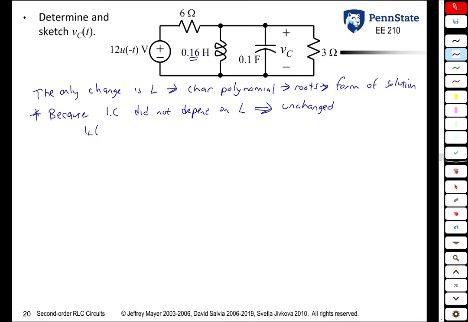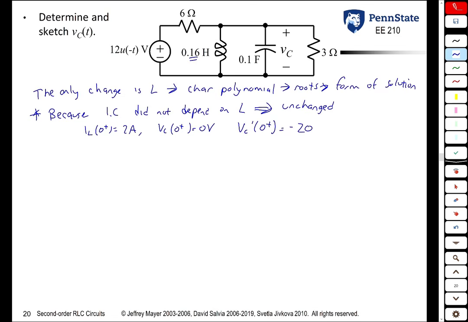We know that iL(0+) is still 2 amps. We know that vC(0+) is still 0 volts. And we still know that vC'(0+), this third initial condition that we found, is still minus 20. I should point out that sometimes if you change a single circuit component, you do need to recalculate the initial conditions. In this example, we did not.